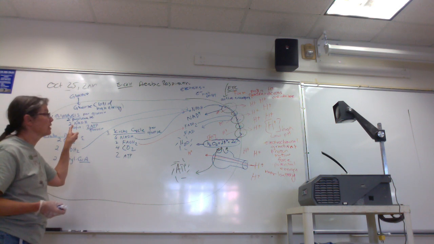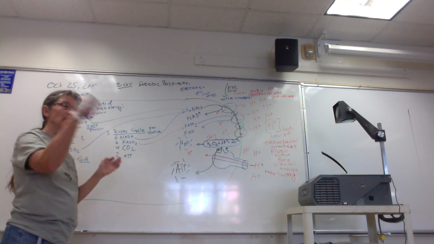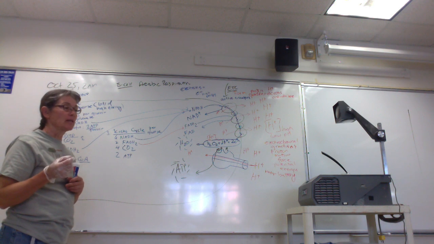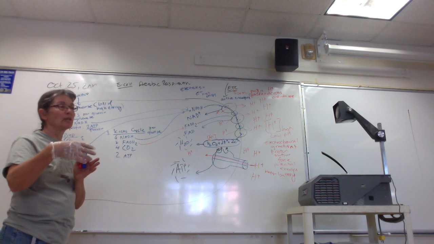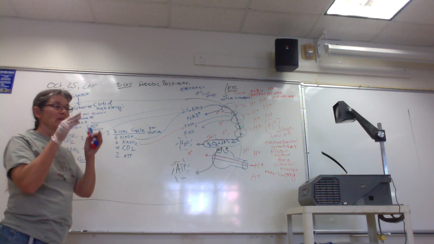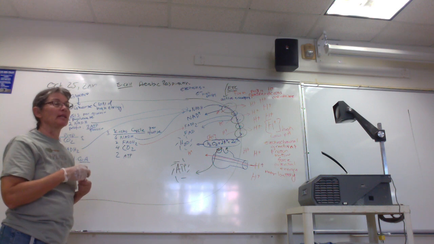Substrate level phosphorylation is a way we can phosphorylate ADP. We can add a phosphate group to make ATP. And the way it happens is there's some other molecule that has a phosphate group, and in substrate level phosphorylation, that molecule donates its phosphate to ADP to make ATP.